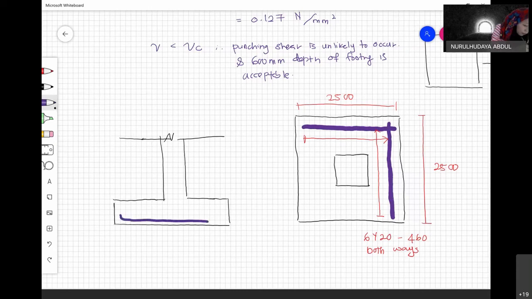So yang satu yang arah yang bawah lah. Because dua-dua ni sebenarnya dia adalah main reinforcement. Dia tak ada secondary reinforcement macam slab. And dia ada 6 biji 6Y20 tu. Sebenarnya spacing dia sama, tangan I je yang bengong.